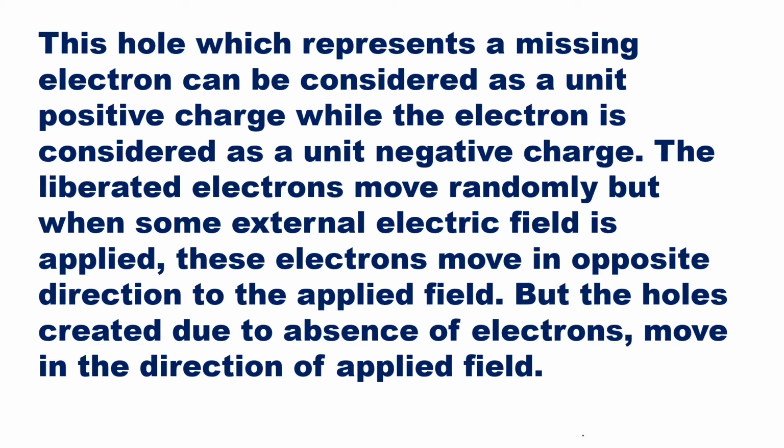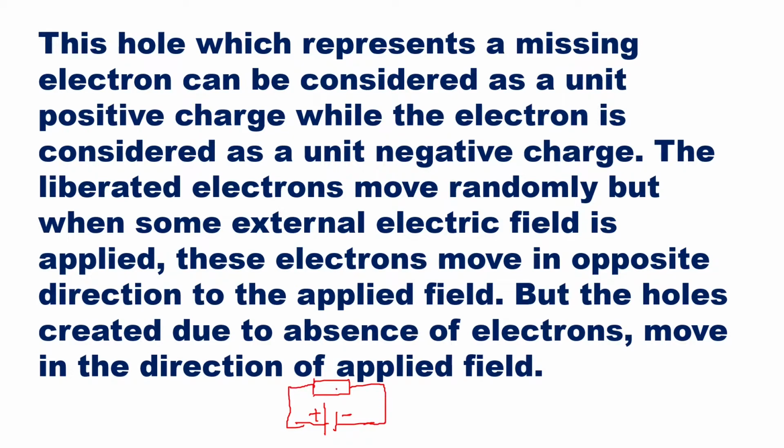That means whenever an applied field is given to this material, say the applied voltage is plus minus like this, and here you have your material to which you are going to apply it.